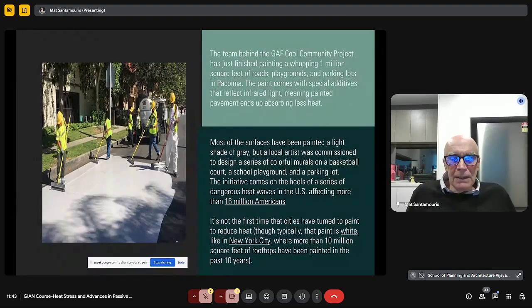So in order to decrease the temperature in the built environment in our cities, about 10 years ago, we started to paint streets and pavements. The biggest implementation of these cool pavements happens in Los Angeles, in California, but also in many other cities around the United States, and also in the Gulf.